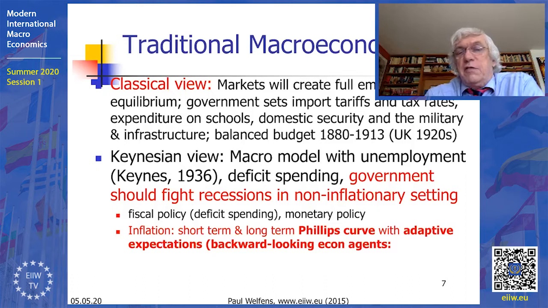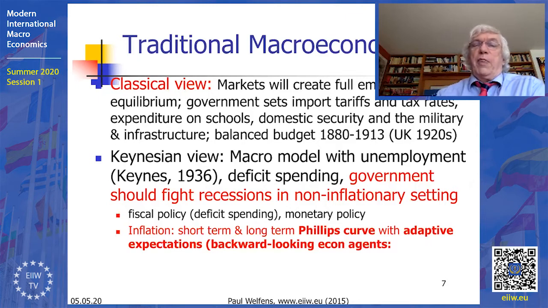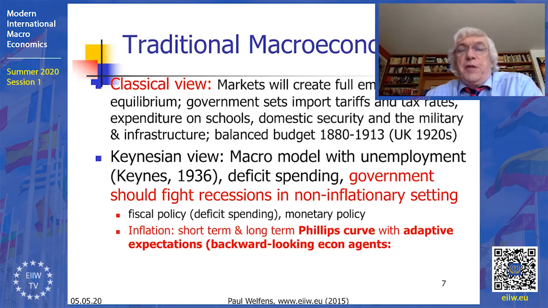So there's a long-term vertical Phillips curve. And if you look at the short run, then in the initial Keynesian Phillips curve, we have adaptive expectations. So economic agents are backward looking. And here the setting is really different in modern macroeconomics, because there economic agents are forward-looking.